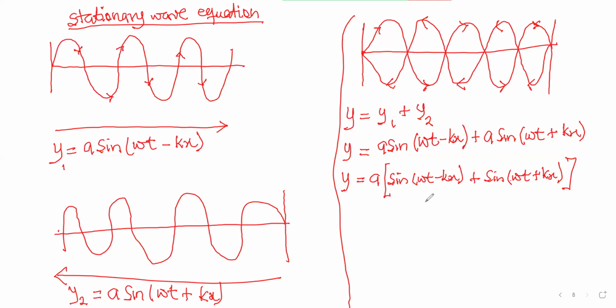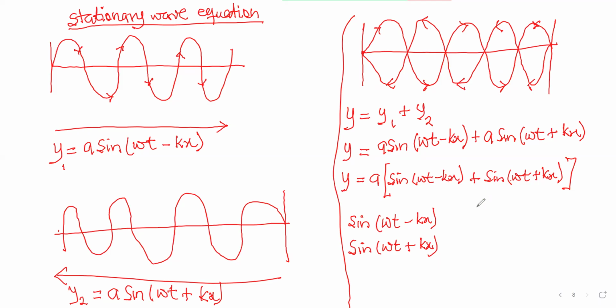Can you simplify what is in the bracket for me? Class, can you do that? I want you to take it one after the other. Simplify sine (omega t minus kx) and simplify sine (omega t plus kx). When you finish, you then add them together.